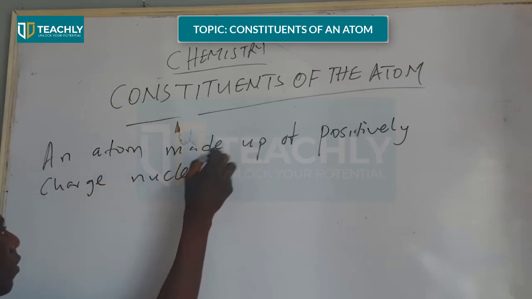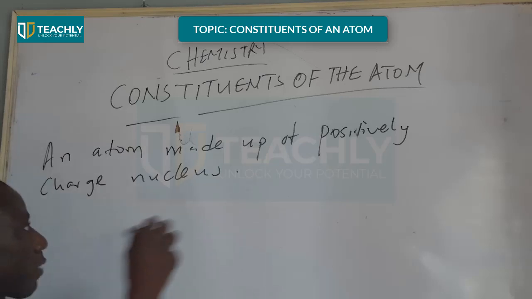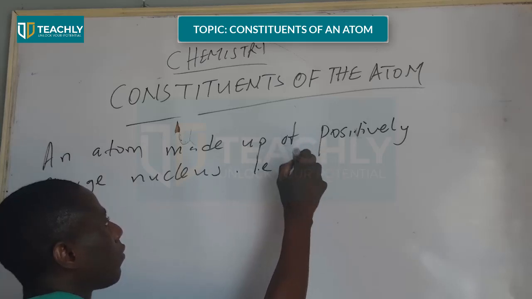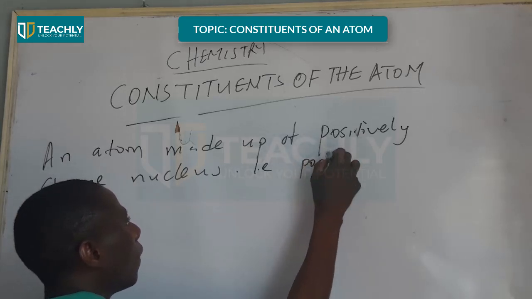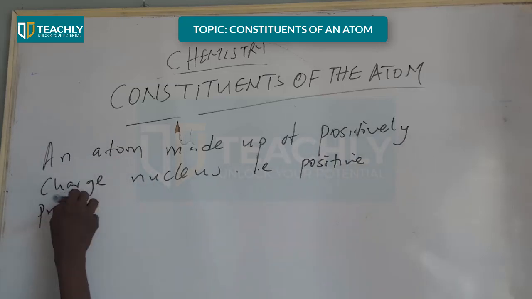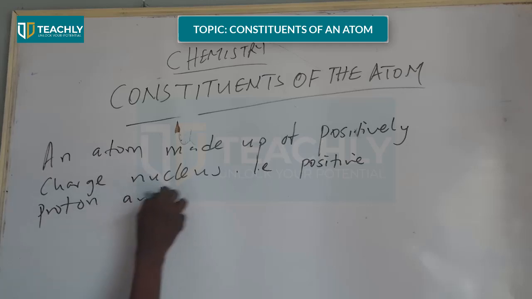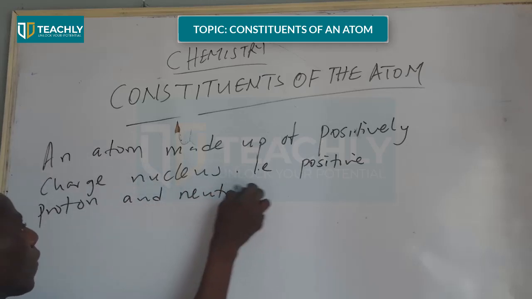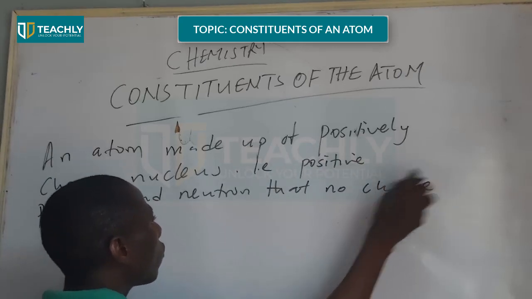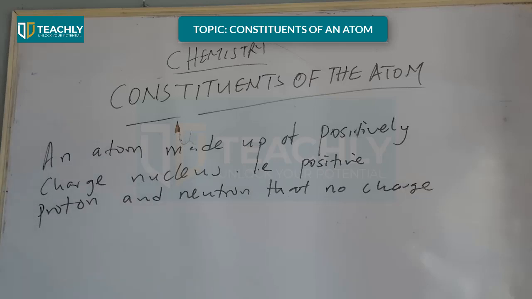If I say positively charged nucleus, it means that it is a positive proton and neutron that has no charge. Because the nucleus is made up of positively charged proton and neutron that has no charge, we can say the atom is made up of a positively charged nucleus.